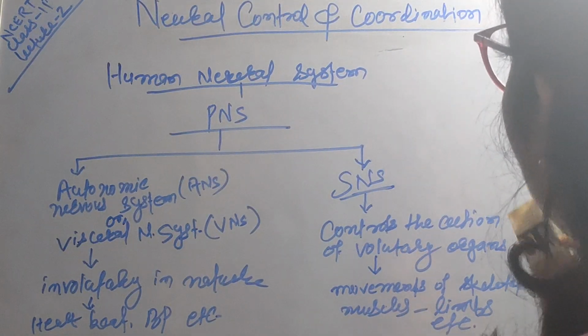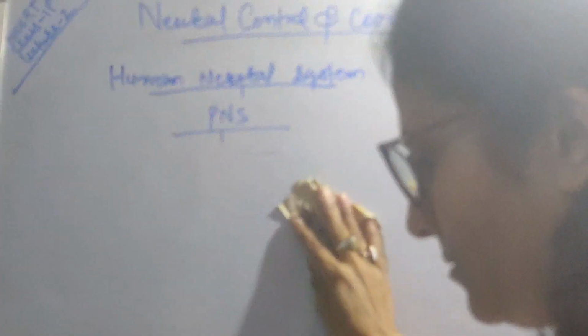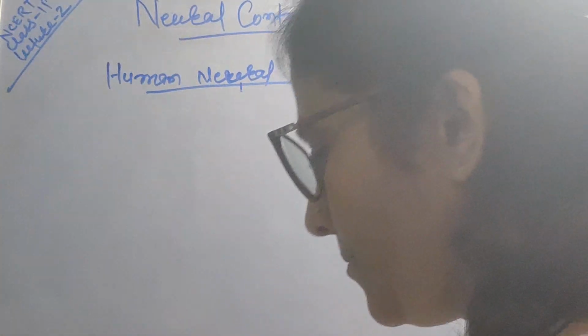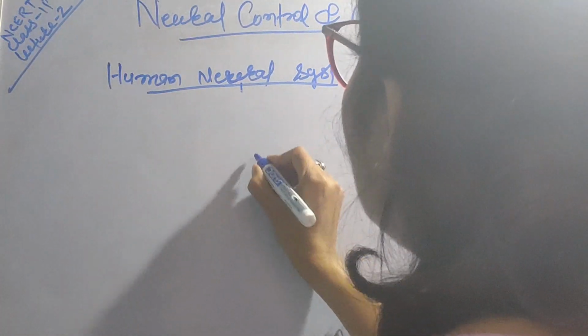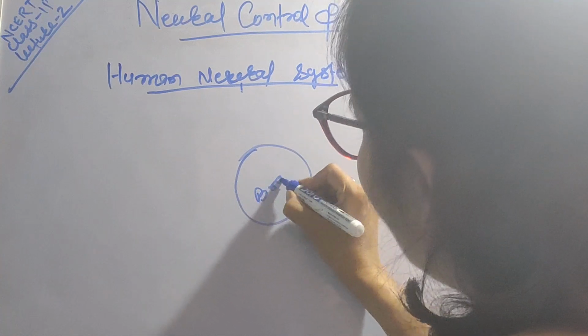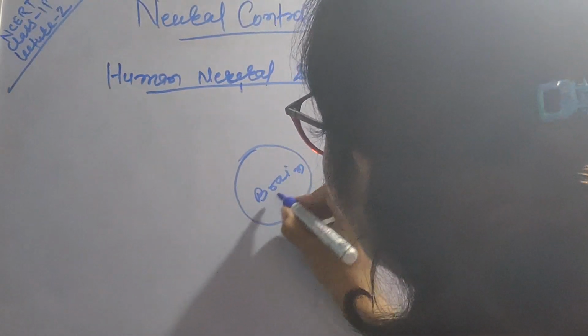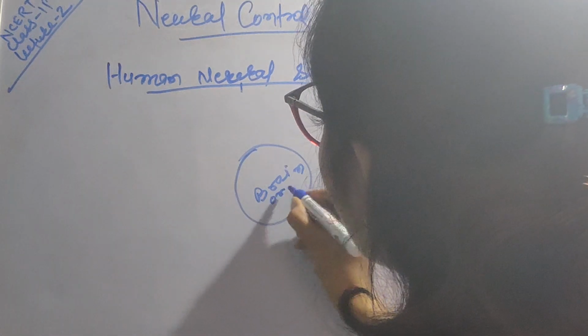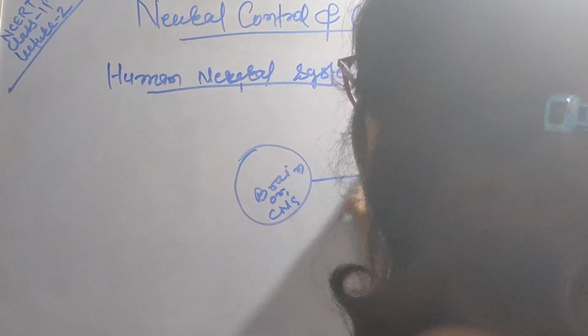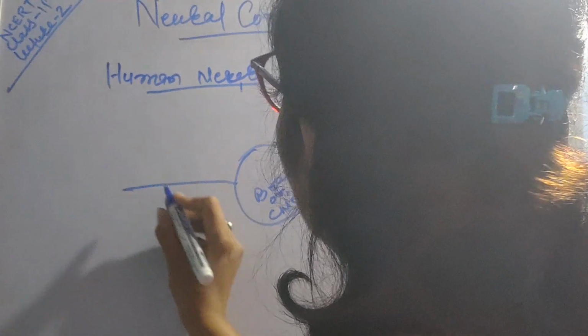Now we'll discuss some basic points regarding how CNS, PNS and brain are connected. Let's suppose this is the brain or CNS. Here these are involuntary organs.